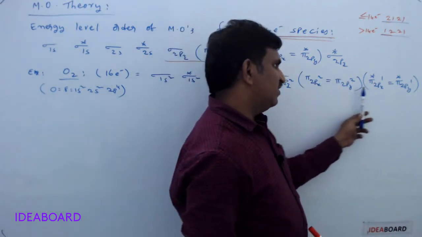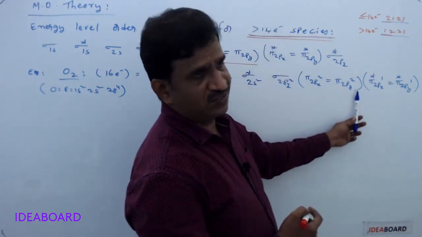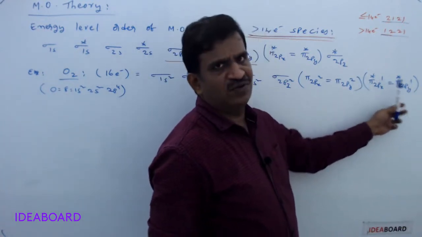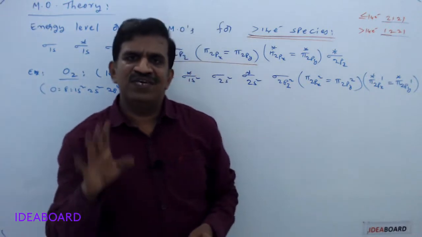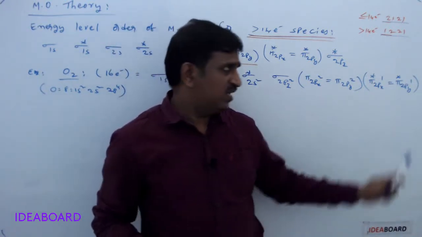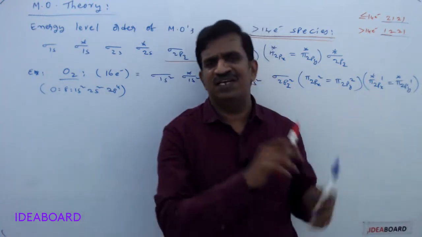Up to this we have 14 electrons. This is 15, this is 16. Each one gets one electron only. Why? Because we have equal energy orbitals, we fill first with one electron, and then only pairing takes place.